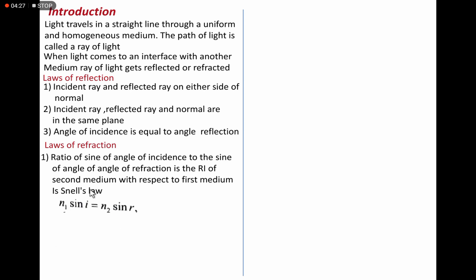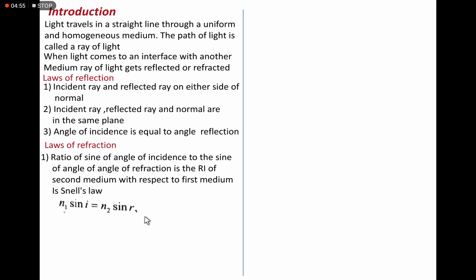From this law, we write n1 sine i1, the sine of angle of incidence. n1 is the refractive index of the first medium, and n2 is the refractive index of the second medium, and sine of angle of refraction has to be considered over here.